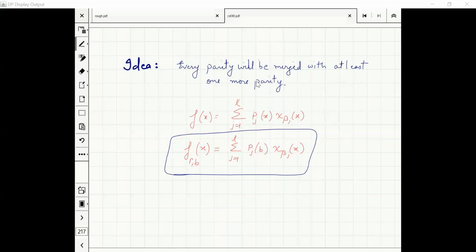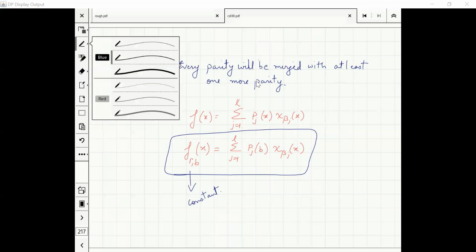Now if you know that this is constant, that means if there was a parity whose Fourier coefficient was non-zero, it must have got merged with some other parity. This is the essential idea.